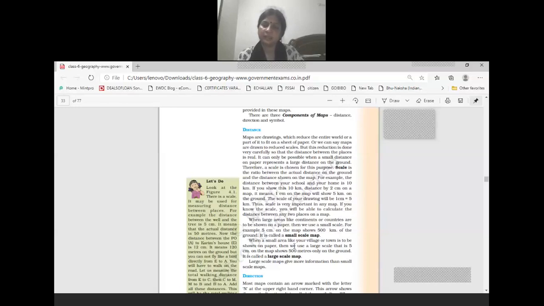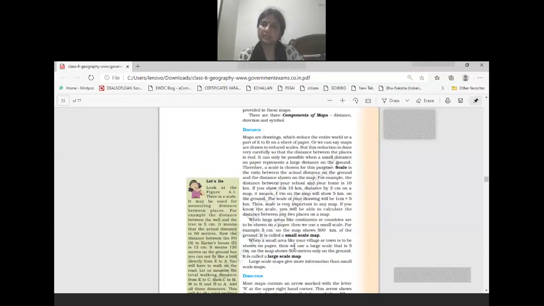Okay, and then the second type of scale is large scale map. In large scale map, we see that a small area is drawn, and when a small area is drawn, then we use a large scale. For example, in the previous example, we were using 5 centimeters for 500 kilometers, and in this large scale map, we are using 5 centimeters for 500 meters only.